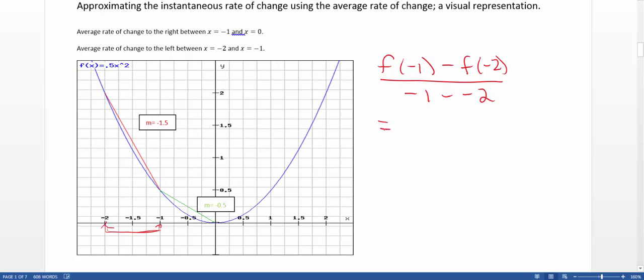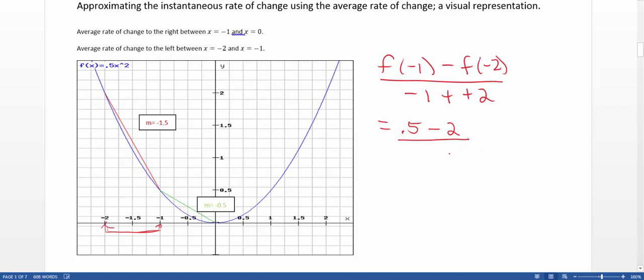So for this particular function, when I plug -1 into my function, I'm going to get 0.5, minus, and if I plug the -2 into my function, I'm going to get 2, divided by, now -1 minus -2.